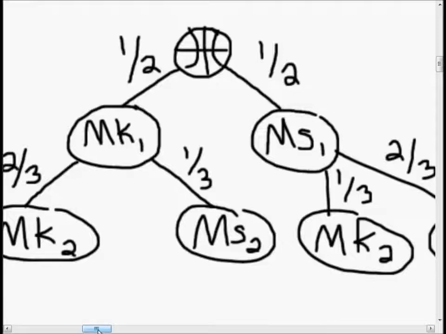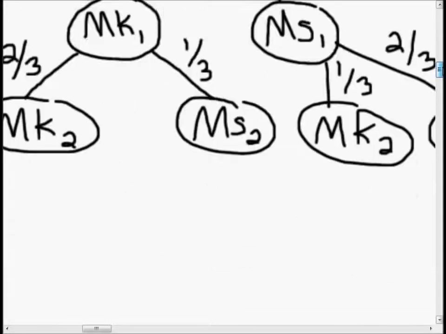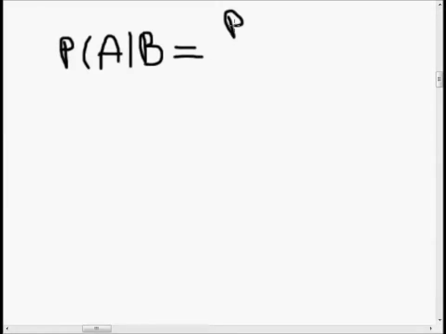So how does this fit into Bayes' formula? Well, let's go over what Bayes' formula is first. Before we get too much further, we should probably talk about it. At its most basic form, if you go to the Wikipedia page, it is the probability of A given B equals the probability of B given A times the probability of A over the probability of B. This is why it used to freak me out.